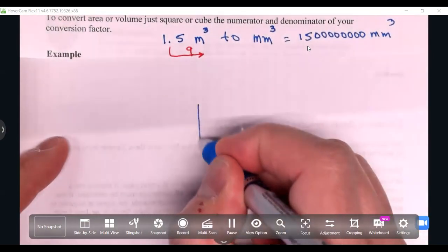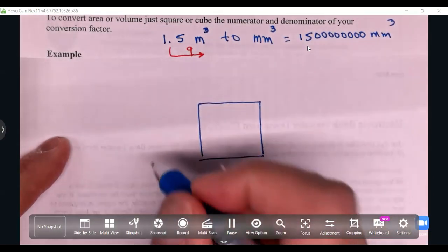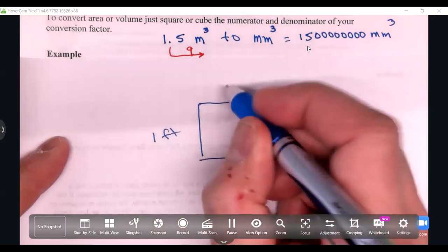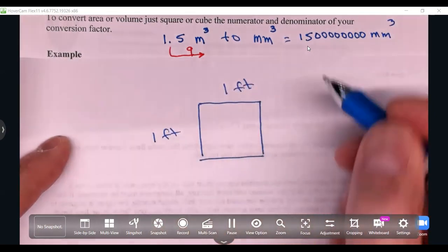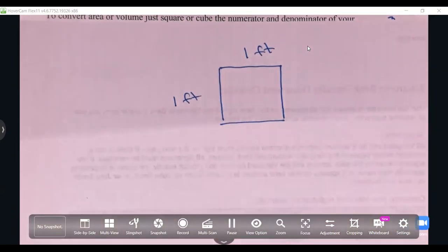If I have 1 square foot, be careful now. Be careful now. How many square feet? It's not 2, it's 1. It's 1 square foot. Yes? Right.